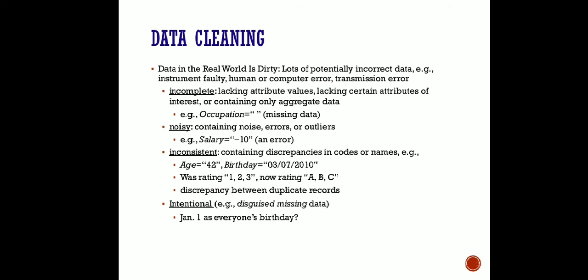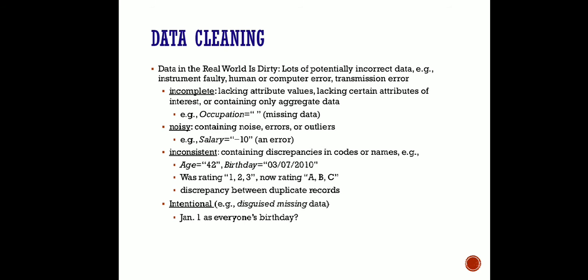Is it any meaningful value? Salary can never be a negative value. So -10 is such a value which can never belong to the salary set. So we are marking this as an outlier, or you may say it is a noise or error, whatever you say.